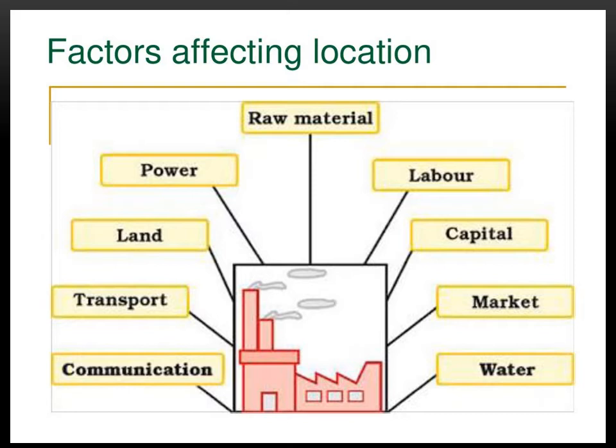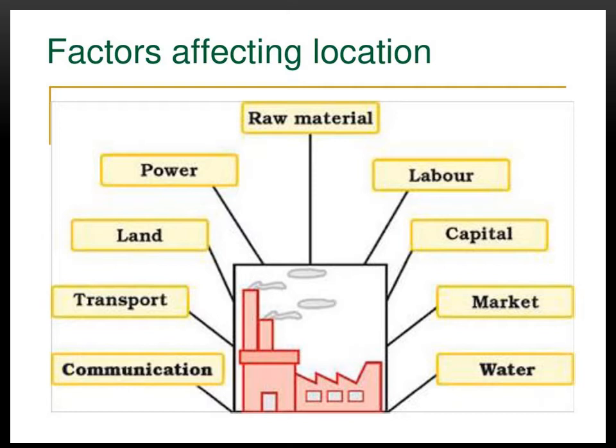The location for a factory is chosen in such a way that the total cost of bringing all the inputs together, producing the goods, and distributing the products to the market is minimized and allows for maximum profit. These factors could be divided into physical factors and human factors.